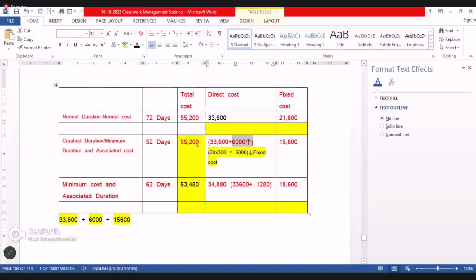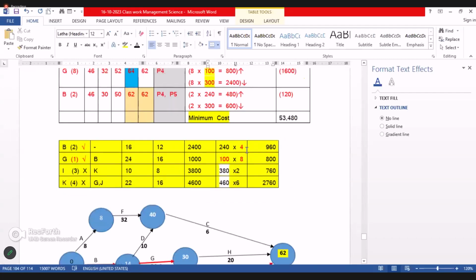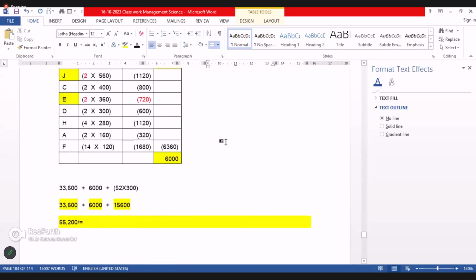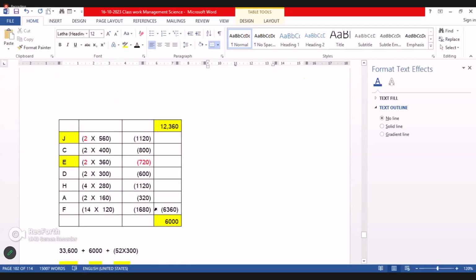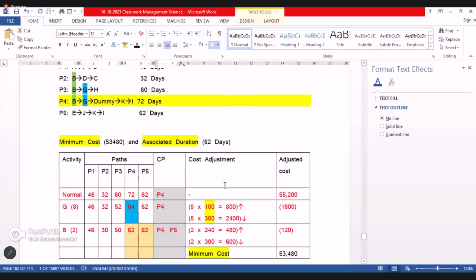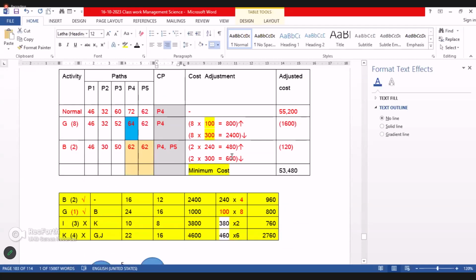Right? You see the realities. When you see the realities, this one increases, this one reduces. Fixed cost reduced, activity crashing, activity cost actually 12,000. We make an adjustment, so the actual increase is 6,000. Actually, at that point, the actual decrease of fixed cost is also 6,000.